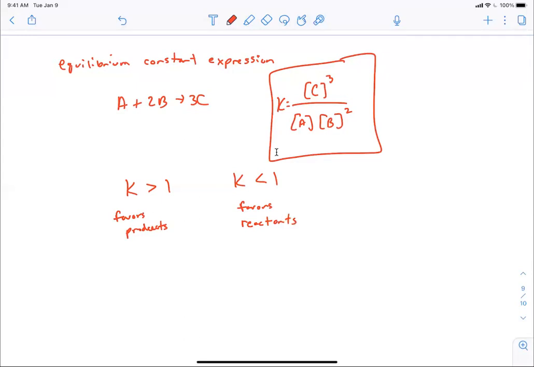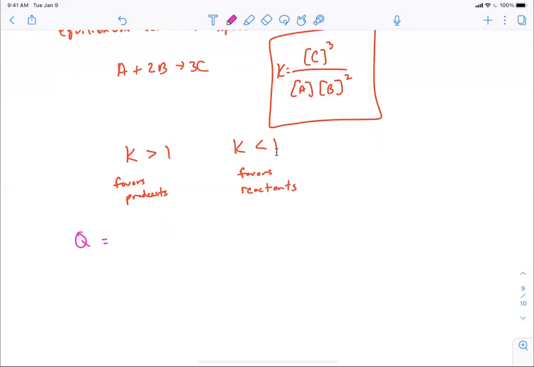Now, that's not to be confused with Q. Q is the reaction quotient. So it tells you where the reaction must go to reach equilibrium.